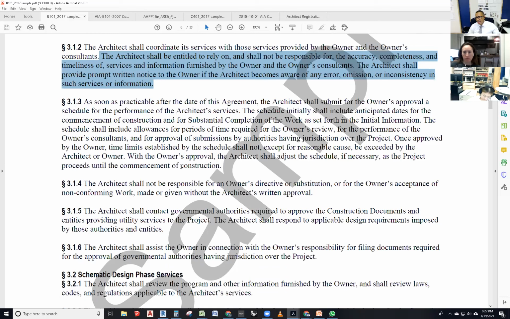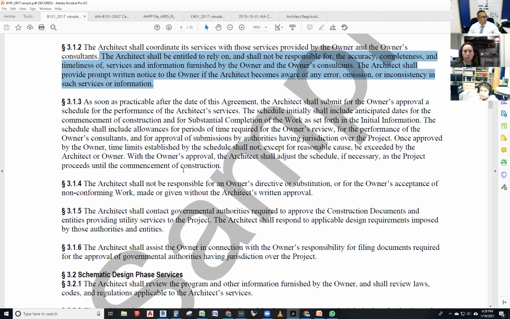Existing conditions is one example. Sometimes companies hire an existing conditions company that does it, and then you're like, they're off. You've got to let them know right away. But you are entitled to rely on their completeness. And if something is wrong with them and you didn't notice it, it's not your problem. It's not your fault. If you picked it up and you didn't tell the owner, then you got yourself in trouble. You have to let them know that something is wrong with it. All right.